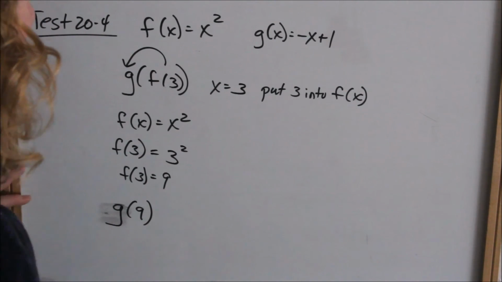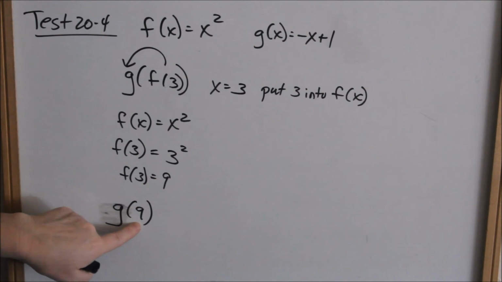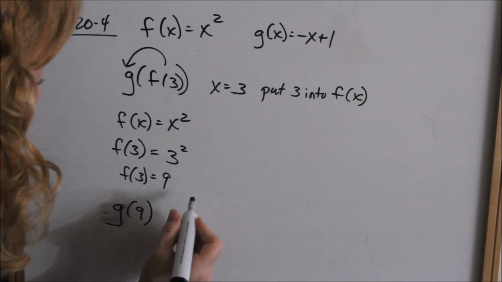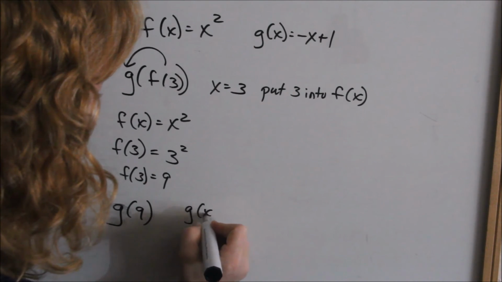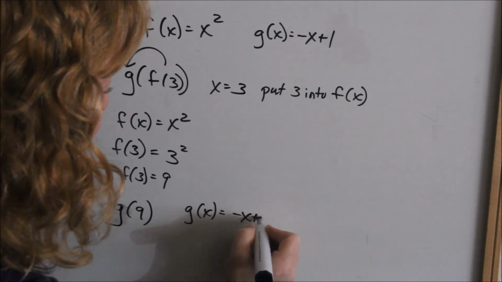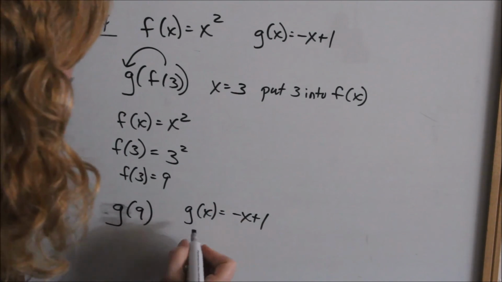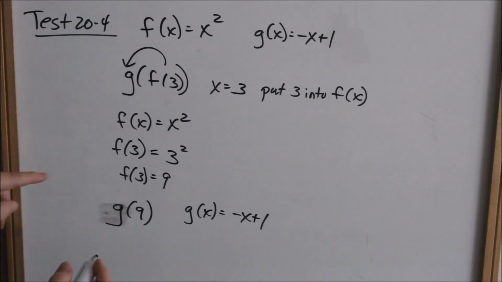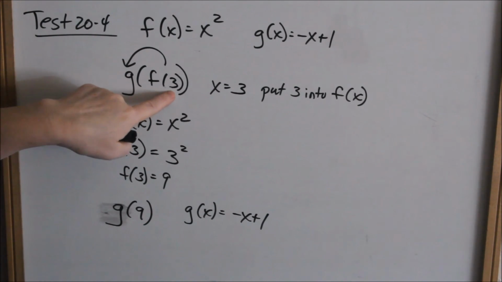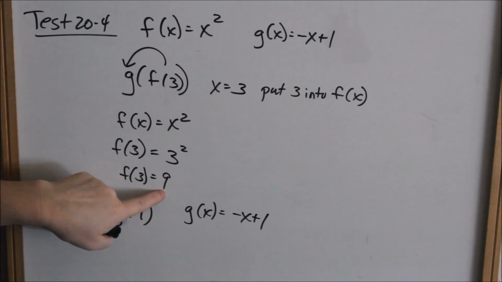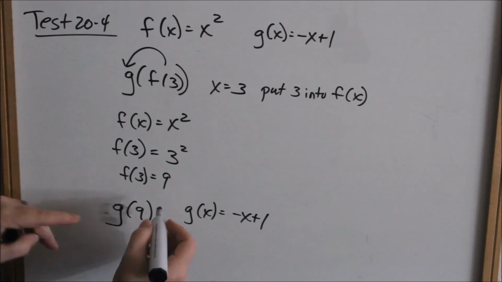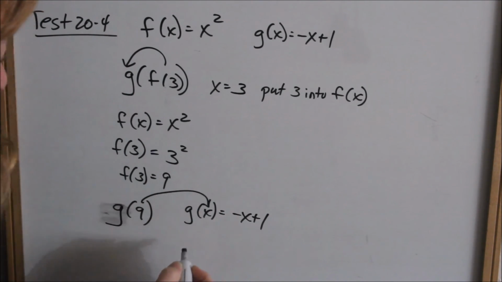Now we want to put 9 into the g of x function. Everywhere we're substituting in 9 for x. Remember our g of x function is negative x plus 1, but we are doing 9. We're taking 9, because that was f of 3, and putting it in for x.